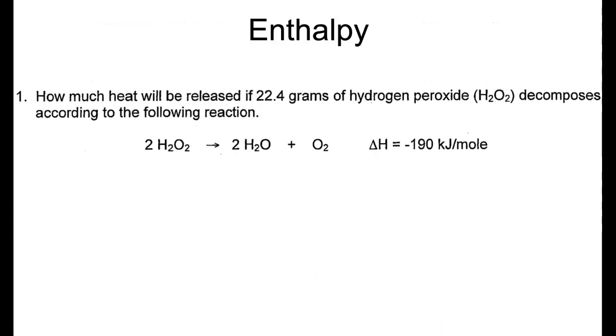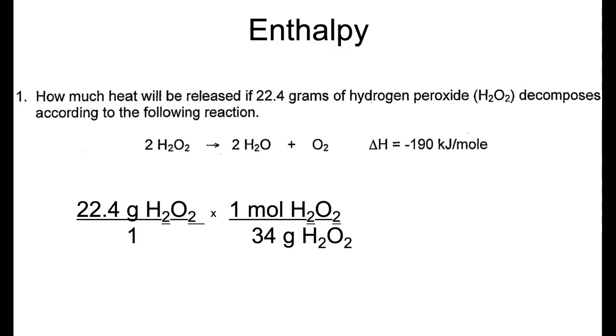All right, let's take a look at another problem. This might be something like you're asked to do, and you'll be given the equation. Now, I would suggest you pause the video and see how you can do with this problem. All right, how did you do? Hopefully you first converted those grams of hydrogen peroxide to moles of hydrogen peroxide.